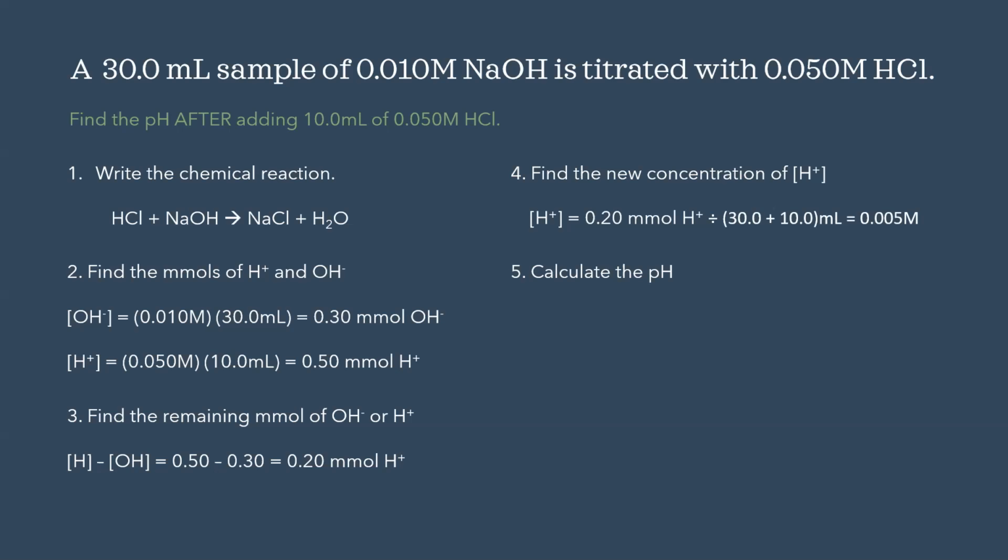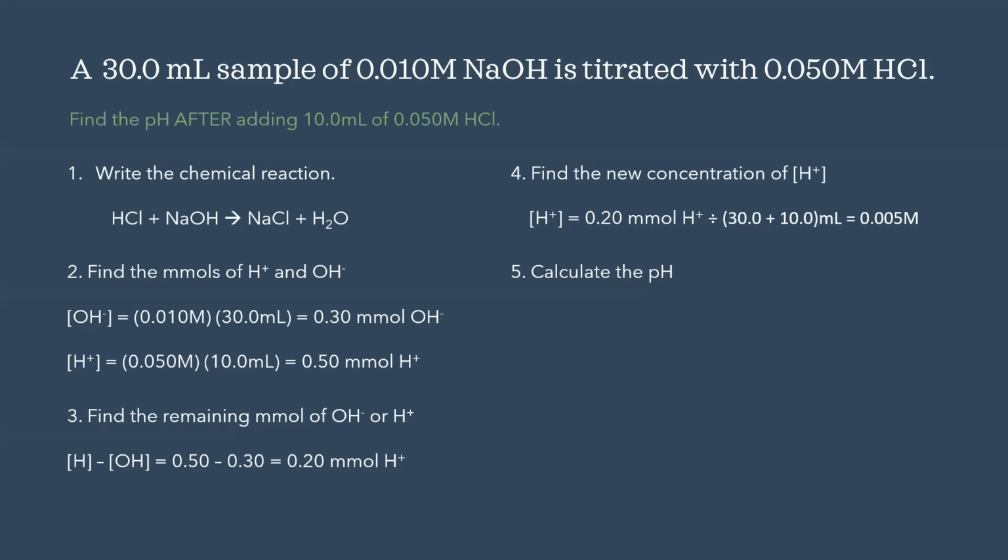So the new concentration of hydronium in the sample is 0.2 millimoles of hydronium divided by the initial 30 milliliters plus the 10 milliliters of acid we added, which gives us a final concentration of 0.005 molar.